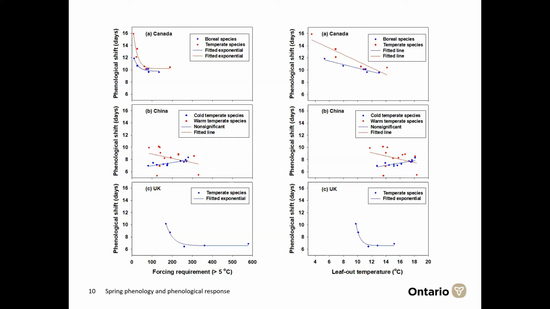On the left, phenological change generally decreases with increase of forcing requirements from early to late season species, except for cold China, the blue line, where such a relationship is not significant. On the right are the relationships between phenological response and leaf-out temperature, very similar to those on the left, suggesting that spring phenology influences plant phenological response basically through leaf-out temperatures.